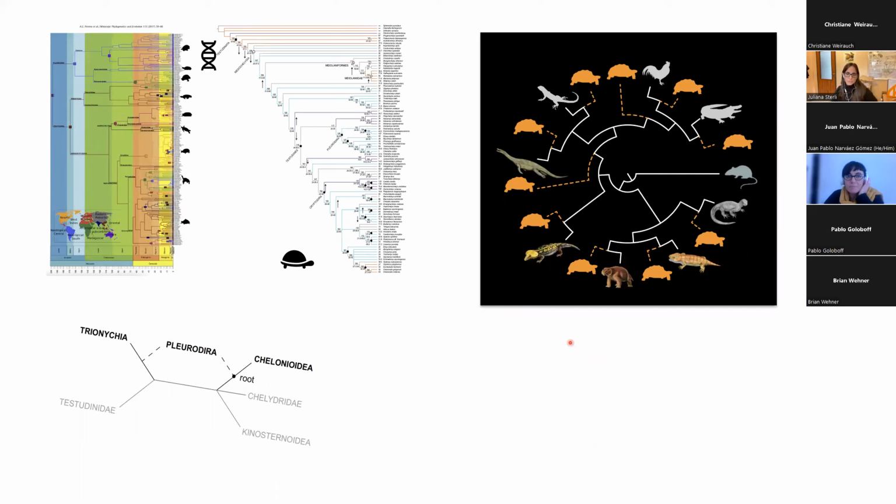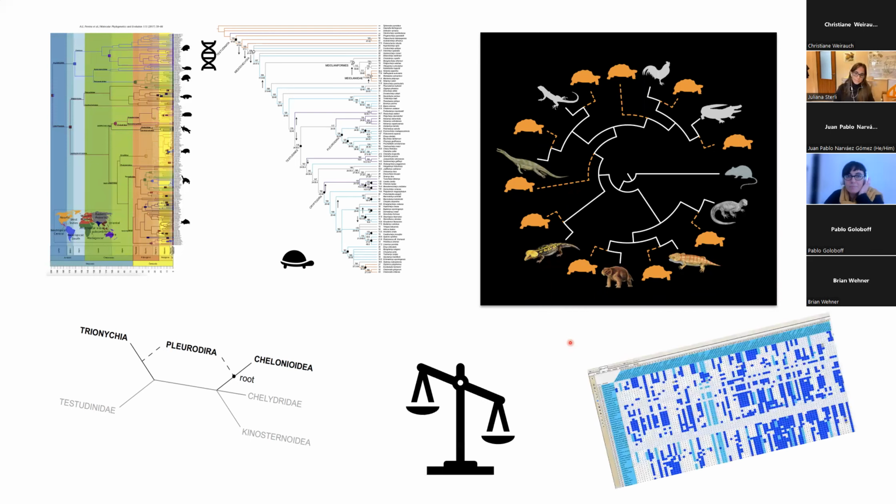And also I was talking about the different hypotheses about the origin of turtles, and I was trying to identify also the problems that we face when we try to understand the phylogenetic position of this clade among other amniotes. And I was presenting you the first steps towards a more inclusive phylogeny about the origin of turtles.